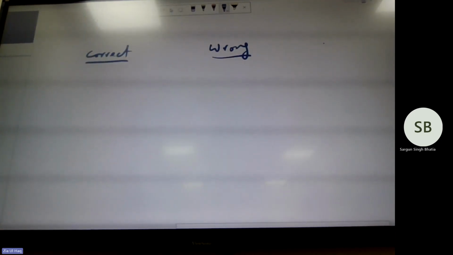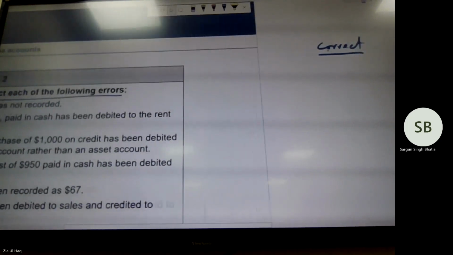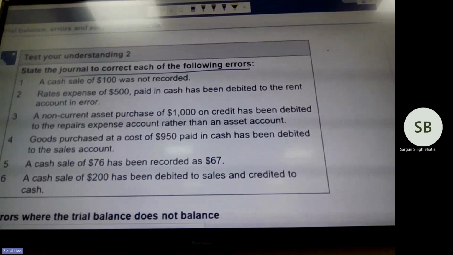The second column is for the wrong entry, what we have done wrong. And the third column we will prepare for the rectify entry. So for each entry, we need to correct the error.